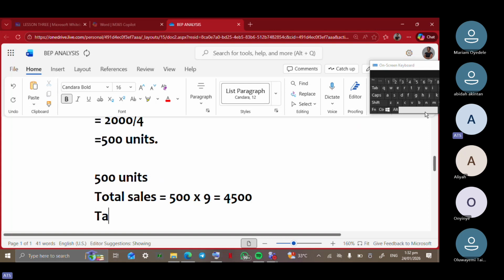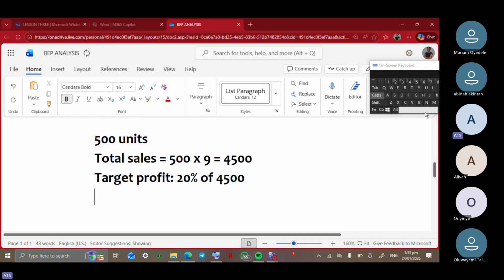Now I want to look for a target profit that is 20% of 4,500.